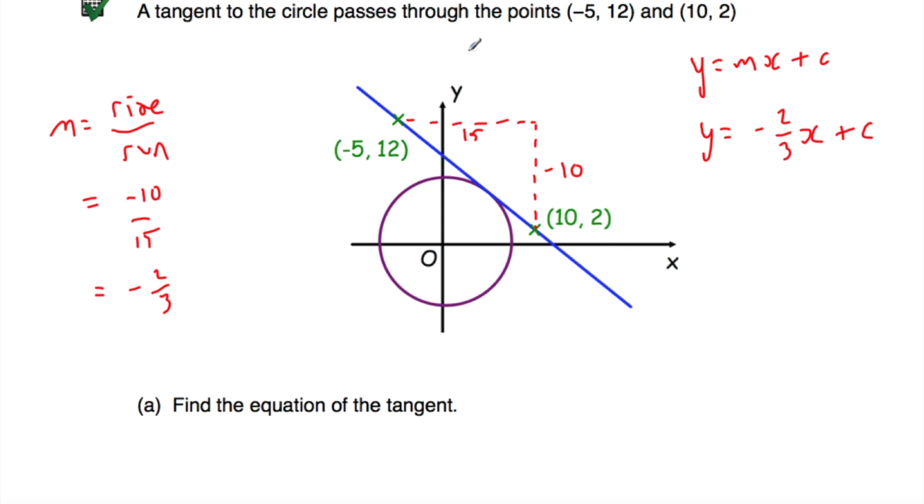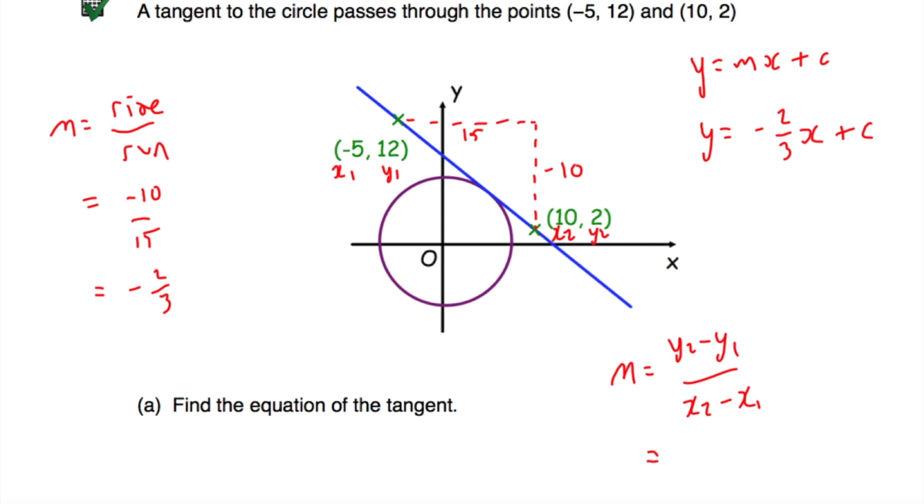Now I just want to mention that here we did rise divided by run. You could have used the formula m equals y2 minus y1 over x2 minus x1, and that means this would be x1 y1, this would be x2 y2, and so you would do 2 subtract 12 divided by 10 subtract minus 5, and then substitute in those values.